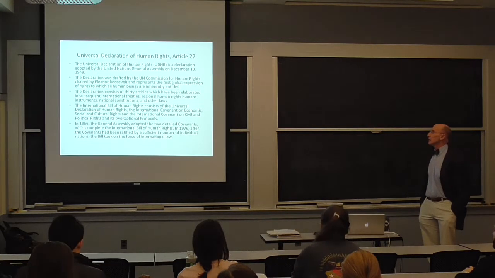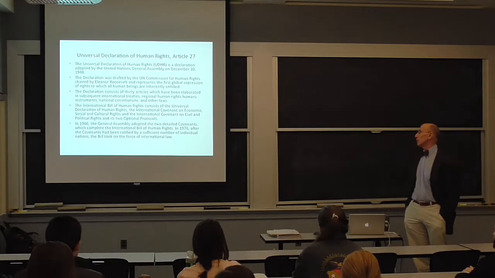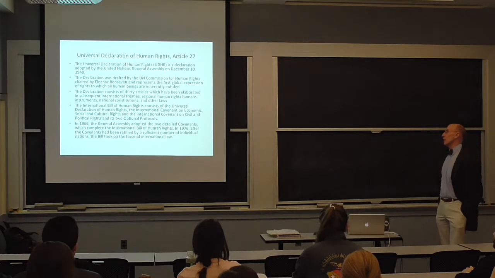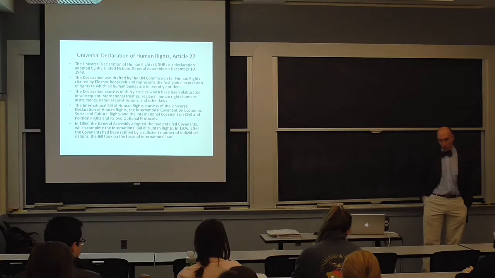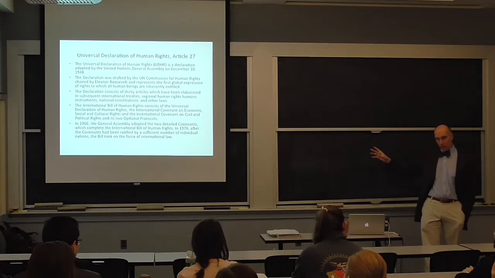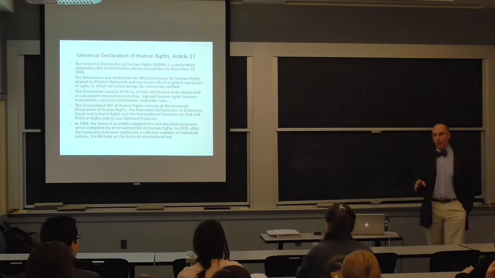And in 1966, the General Assembly adopted the two detailed covenants which complete the International Bill of Human Rights. And in 1976, after the covenants had been ratified, the bill took force of international law. So Article 27, which is part of the International Declaration of Human Rights, has the force of international law.